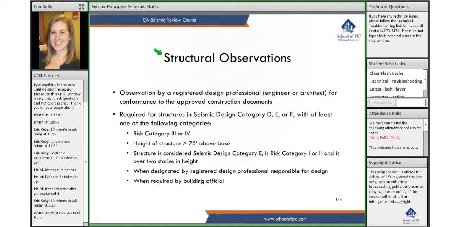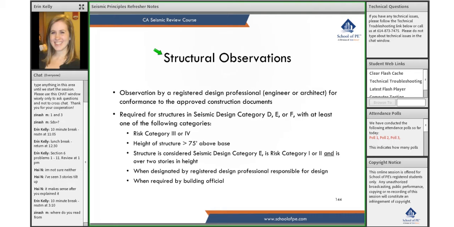There are reporting requirements for special inspections, and those reporting requirements are from 1704 in the IBC. But structural observations are not necessarily required to have a report, but they are required to be done in structures in seismic design categories D, E, or F with at least one of the following risk categories.